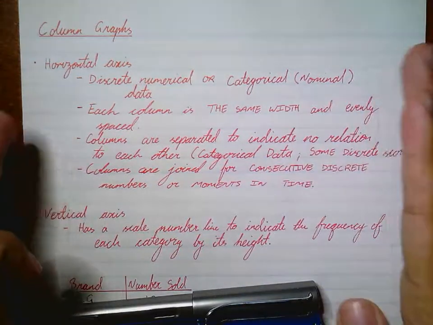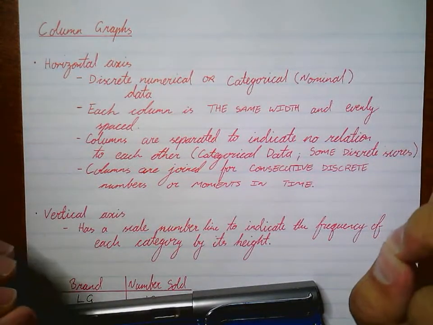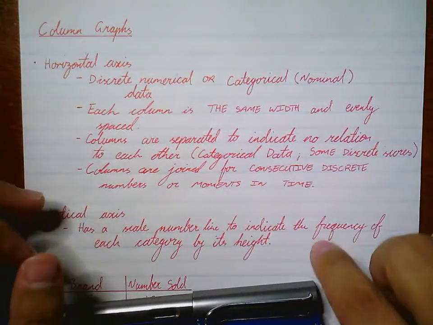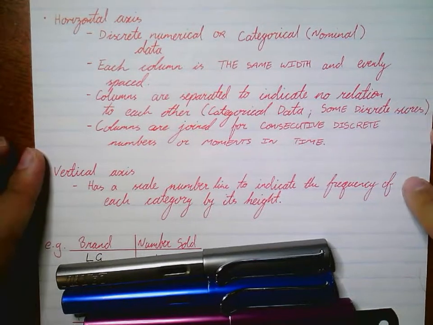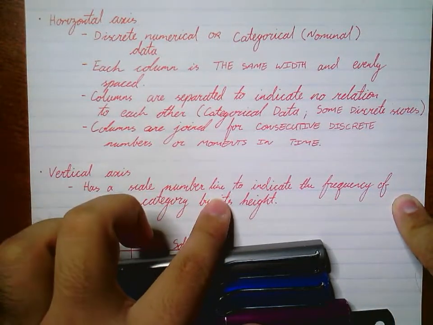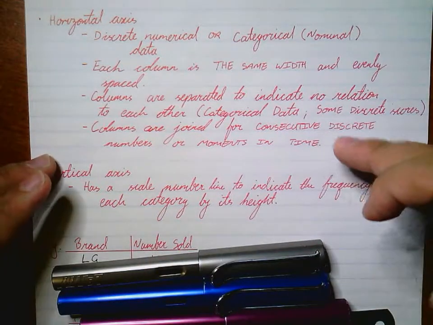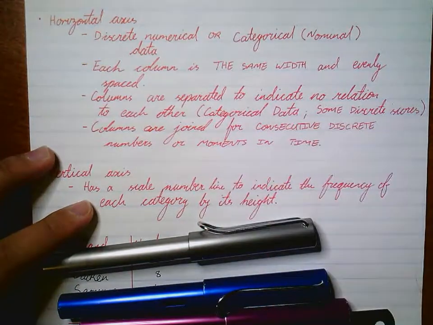And columns are joined for consecutive discrete numbers or moments in time. And finally, the vertical axis has a scale number line to indicate the frequency of each category by its height.